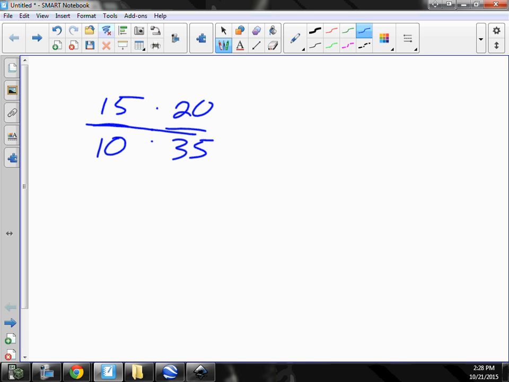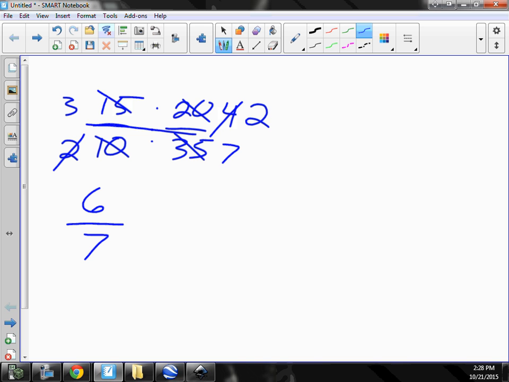I can pull a 5 out of here and I get 4, and I pull a 5 out of here and I get 7. I can pull a 5 out of there and I get 3. Pull a 5 out of there and I get 2. Anything else? A 2 coming out of there and a 2 coming out of there would put a 2 there. So on top I have 6, and on bottom I have 7. And then you don't have to do 15 times 20 and 10 times 35.